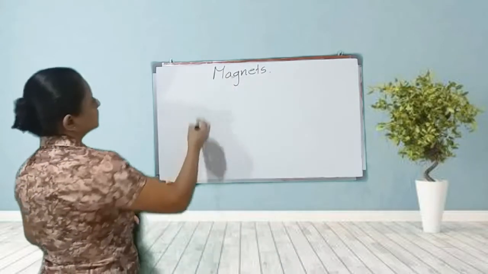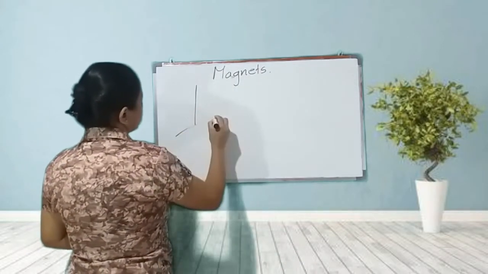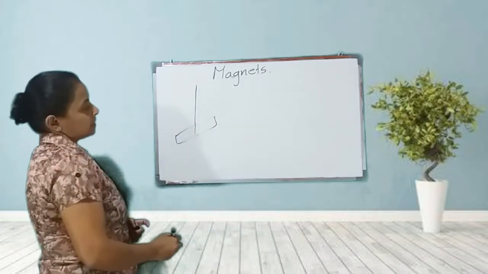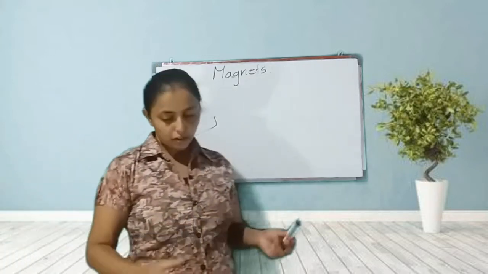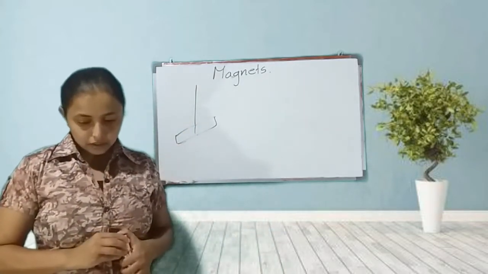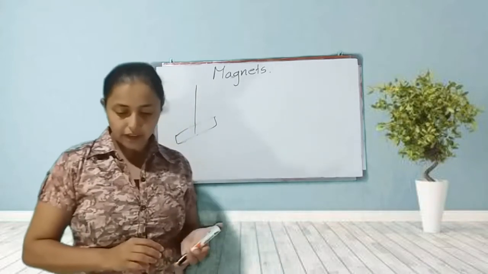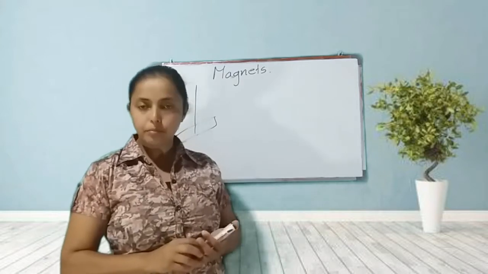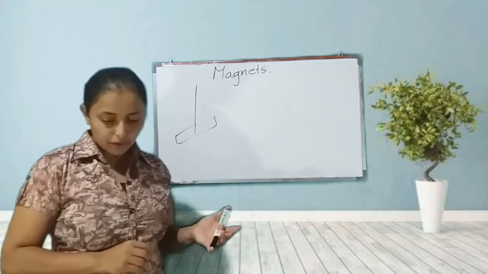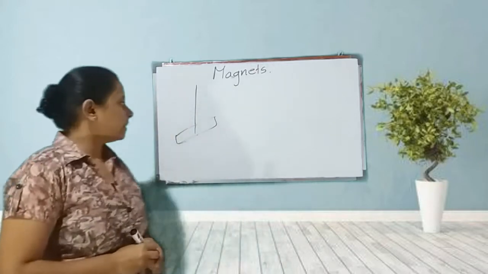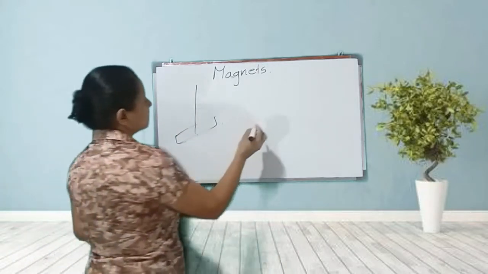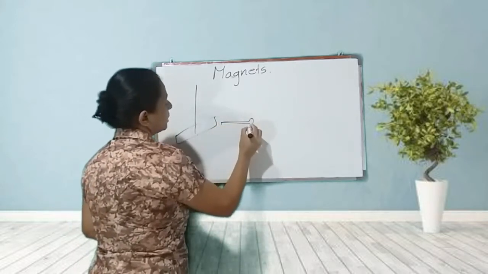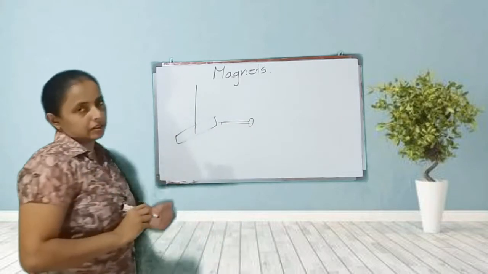A magnet hanging freely. Some materials: a coin, an iron nail, a brass nail, a pebble, a plastic ruler. Of these things, only the iron nail is attached to the magnet.